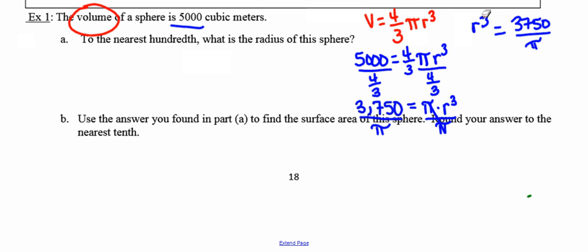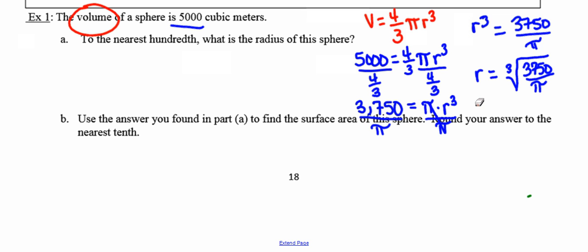To undo cubing my radius, I'm going to take its cube root. And if I take the cube root of the left side, I have to take the cube root of the right side as well. This is going to call for you grabbing your calculator. You want to type in the cube root of the fraction 3,750 divided by pi. You should be typing this in with me as I go along so that you can get the practice using your calculator, and that way on test day you'll feel very confident that you know exactly how to enter these numbers.